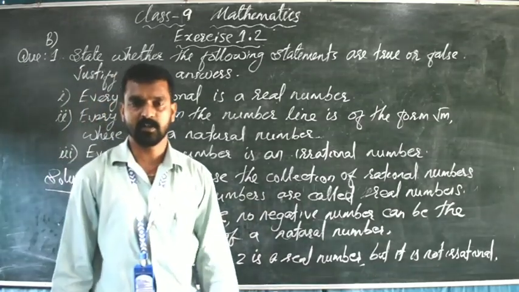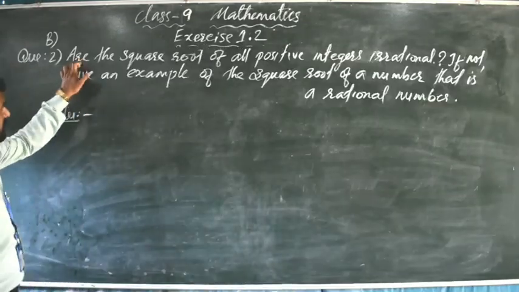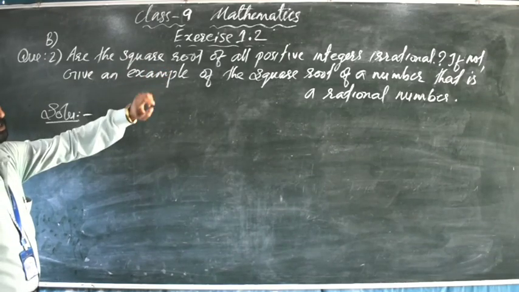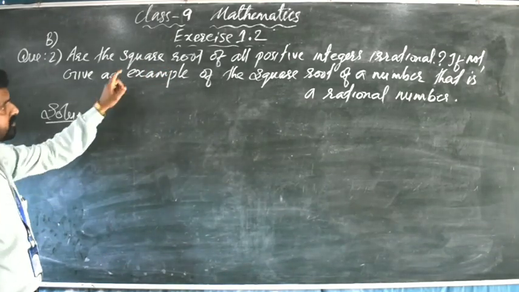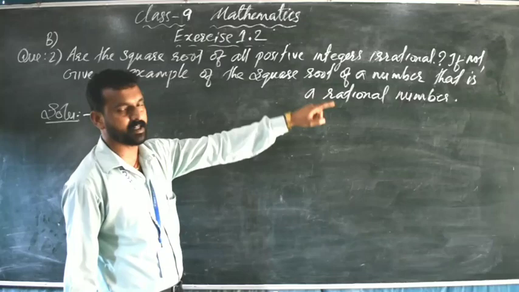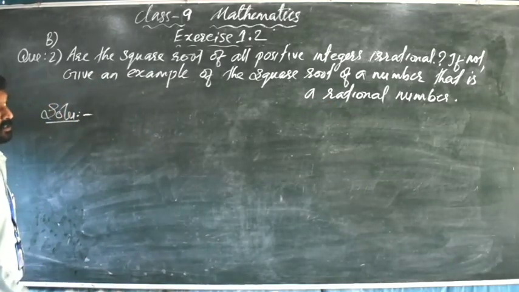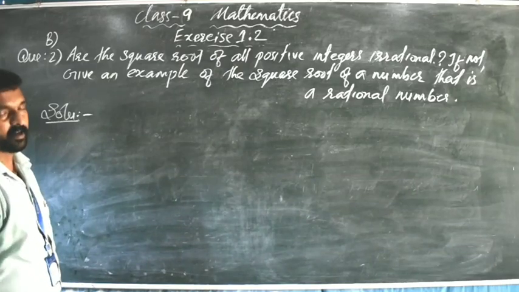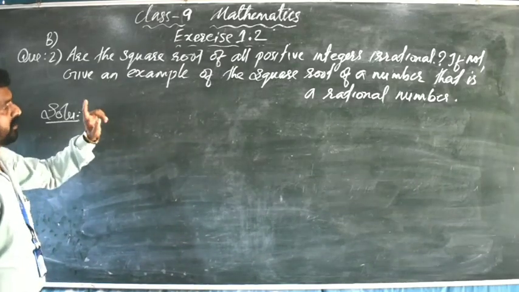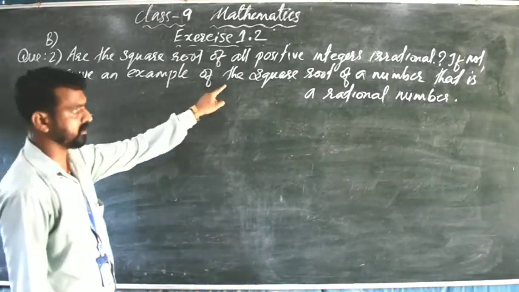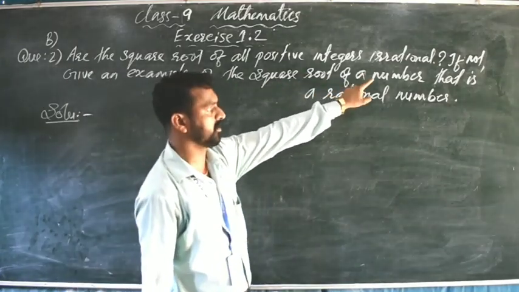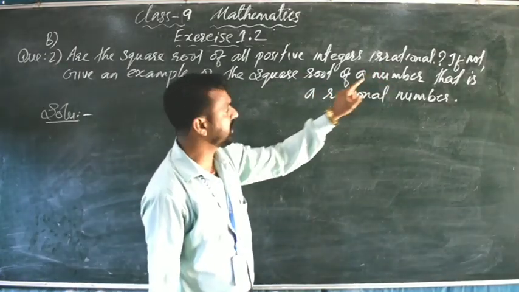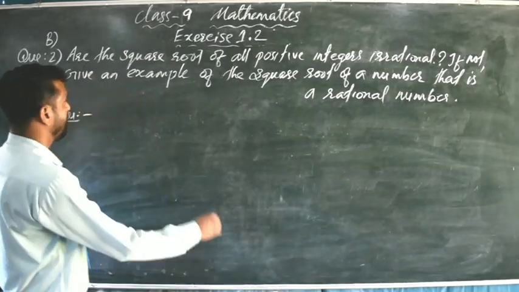Okay, now question number 2. Are the square roots of all positive integers irrational? That is the question. If not, give an example of the square root of a natural number that is a rational number.